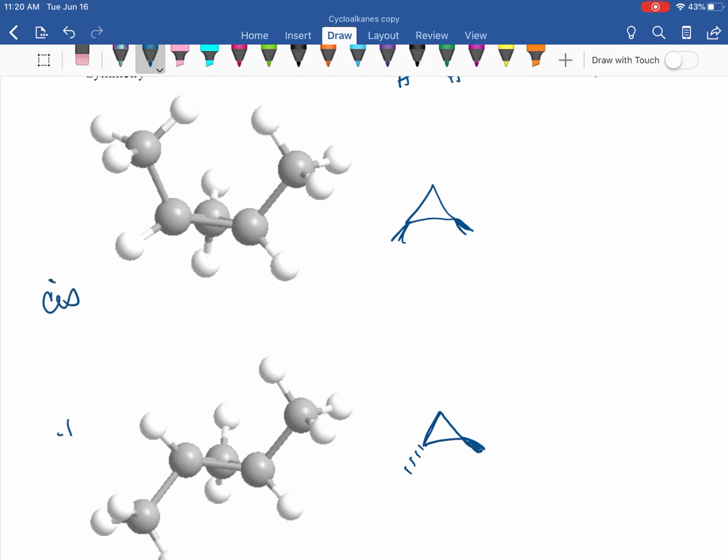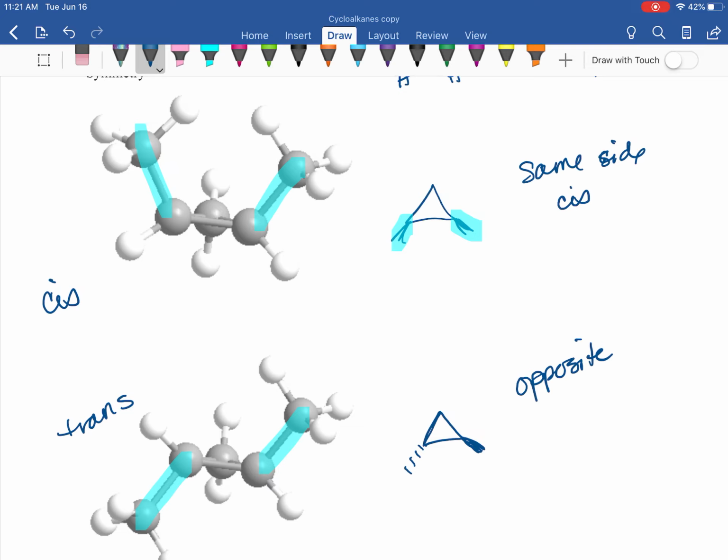Okay, we've got our cis and we've got our trans. And you can see our two methyl groups here and here. These are on the same side, so that's cis. And then you can see in this one, our methyl groups are on opposite sides. That is trans. Okay, these are our two configurational isomers.